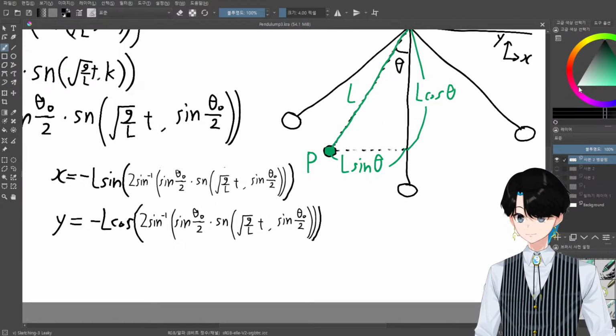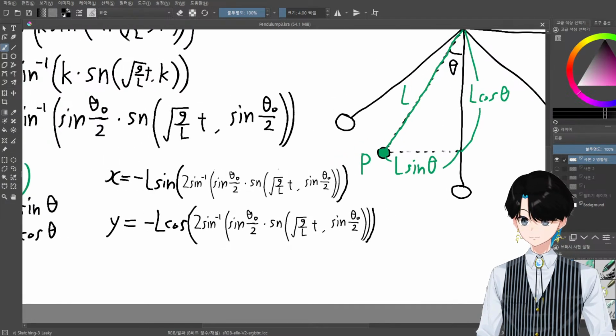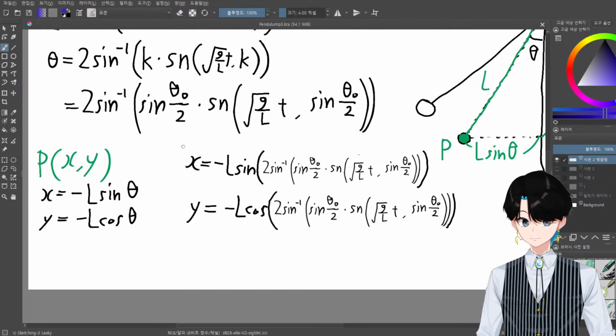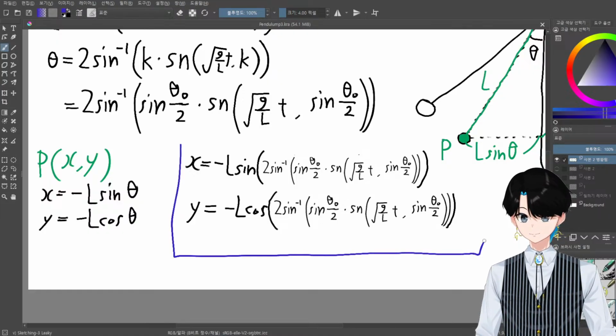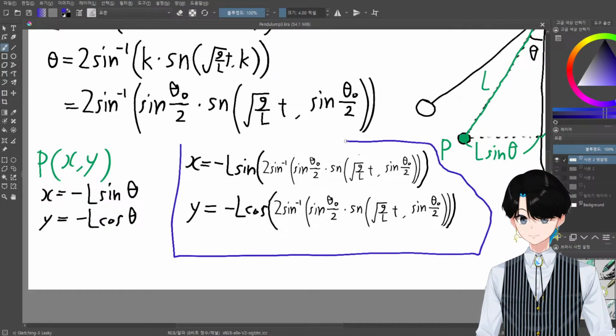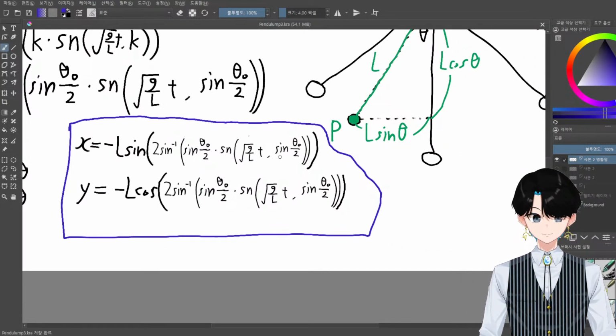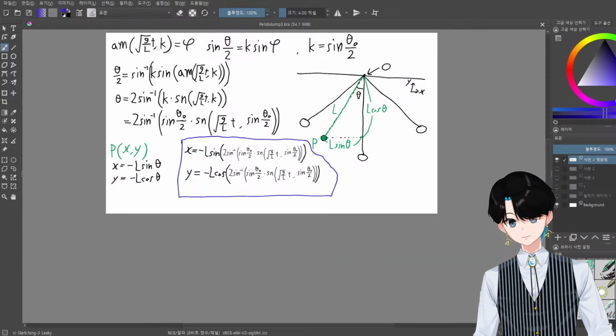There we go. How do I mark this? I'm gonna mark this blue. That's the answer.